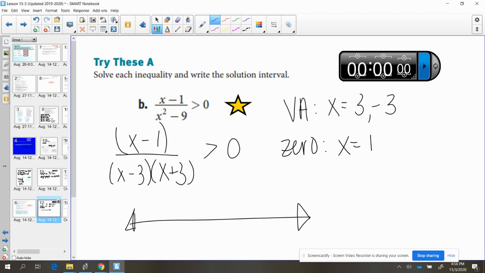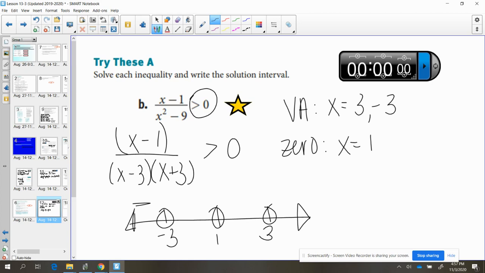So on our number line, we're going to plot these values. And they're all open circles this time because even the 0 is not included, right? And vertical asymptotes are never included. This time when we plug in values, let's say a very negative number, we get negative, negative, and then negative solution. So this overall is negative.